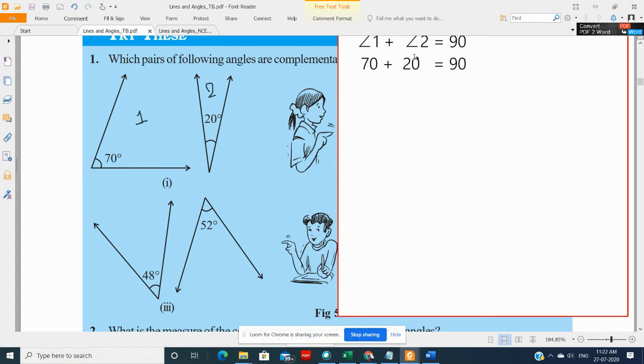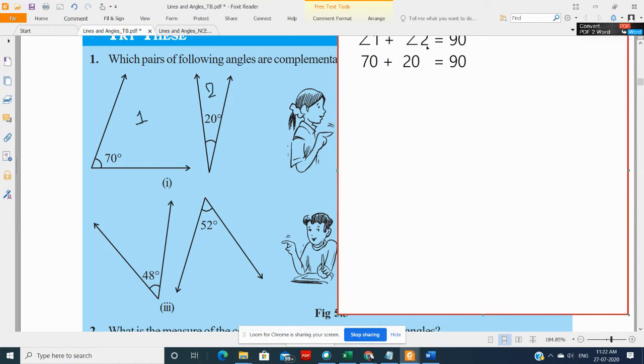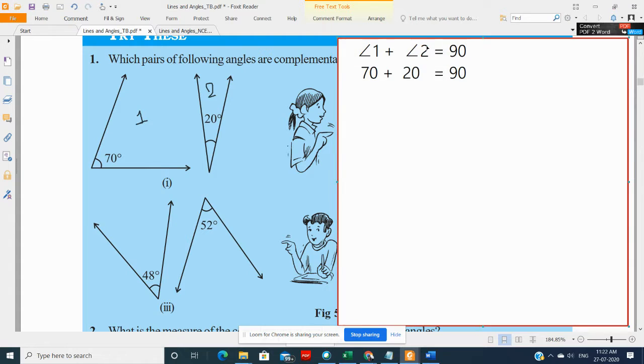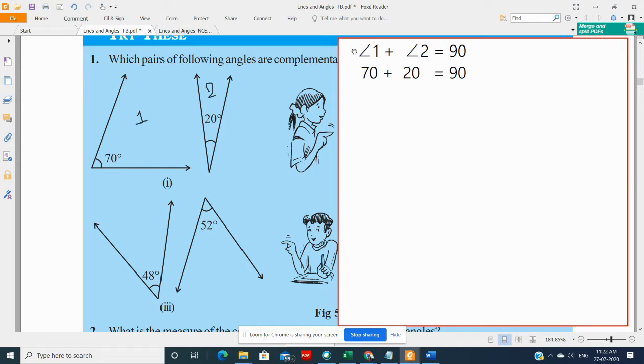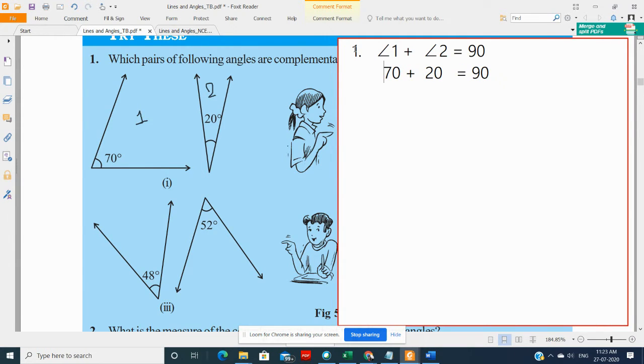Here the same way we will write down, because we are talking about complementary. First of all, for the third also we'll take this one only. This is your first one. And now let's try solving the second one. Same way, here also we will write angle 1 plus angle 2 is 90.